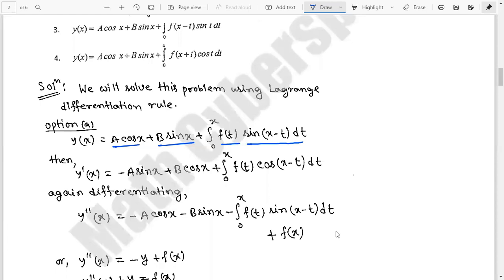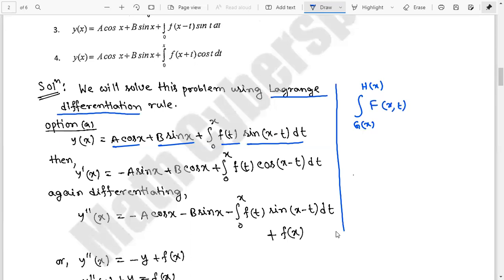For this, we will use the Leibniz, or Lagrange, differentiation method. Now, let me tell you what this method is. Suppose we have an integral with lower limit g(x), upper limit h(x), and the function f(x, t).